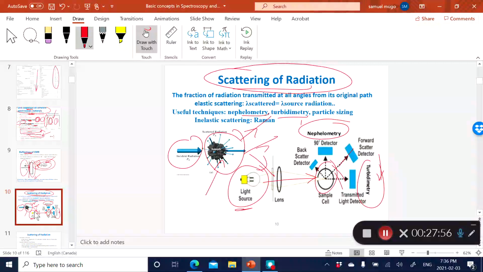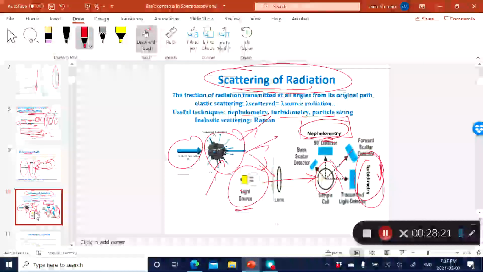If you put the detector at right angles to the light source, that's what you refer to as nephelometry, meaning you'll be detecting the scattered light. On the other hand, if you put the detector in line with the incident light source, that is what you refer to as turbidimetry.